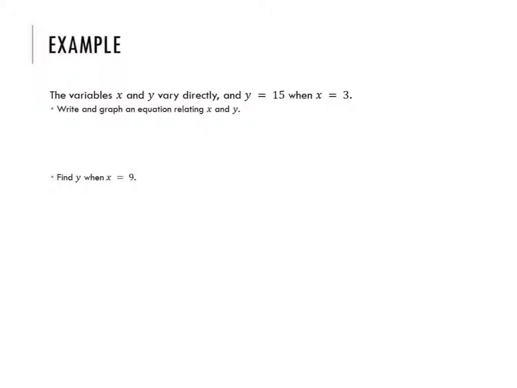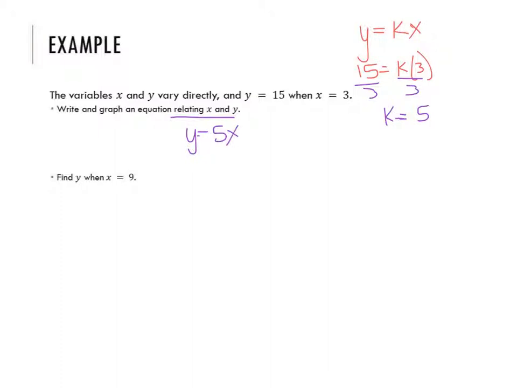If my general equation is y equals kx, can I solve this for k, my constant of variation? If I divide by 3, k equals 5. So my equation relating x and y is y equals 5x.